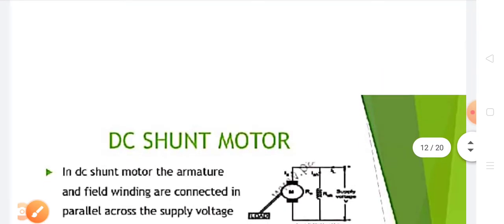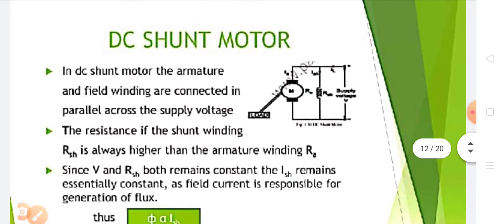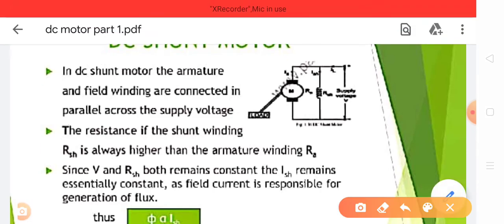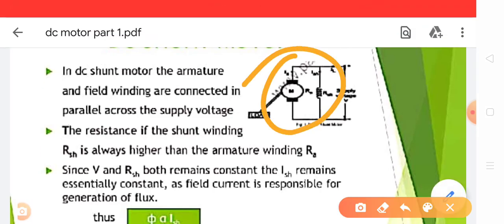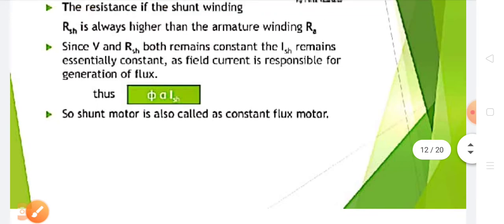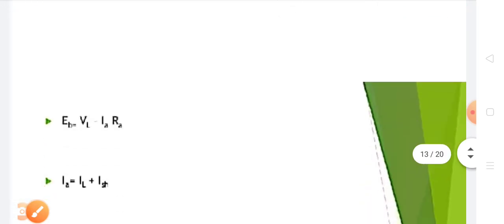If you look at the DC shunt motor, you already know that a DC shunt motor is nothing but the armature winding and the field winding connected in parallel. In the DC shunt motor, the flux is always constant, so phi is proportional to ISH.